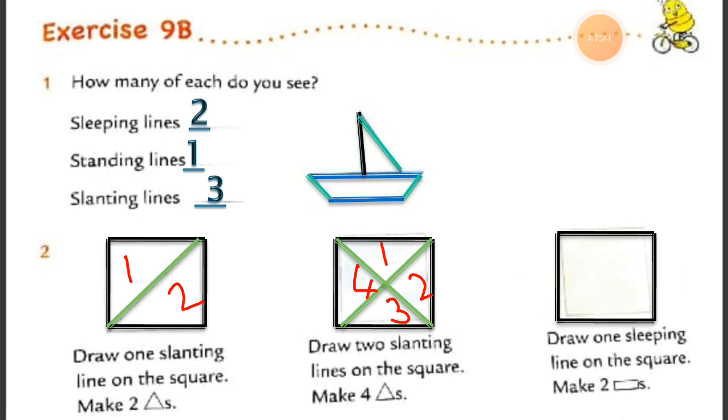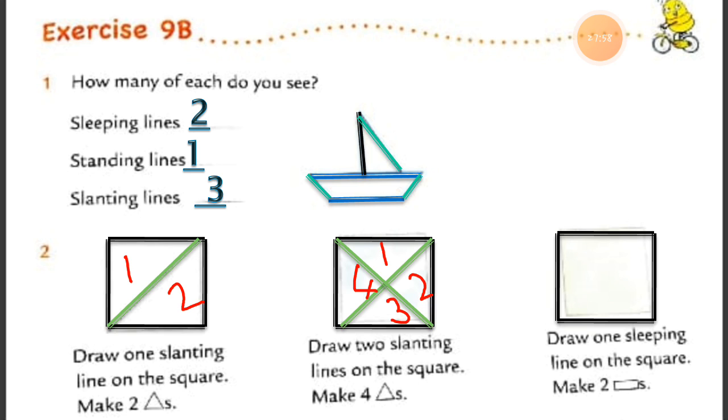We have to draw one sleeping line in this square, and after drawing one sleeping line, the square will convert into the two rectangles. Which shape will it make after drawing the one sleeping line in the square? After drawing one sleeping line, the square is converted into the two rectangles.